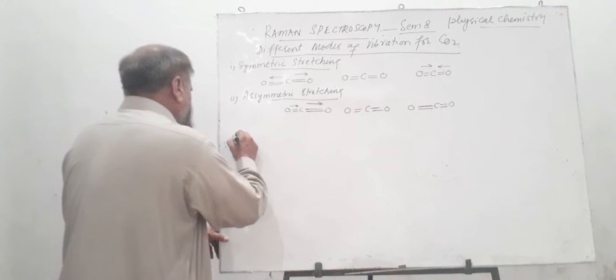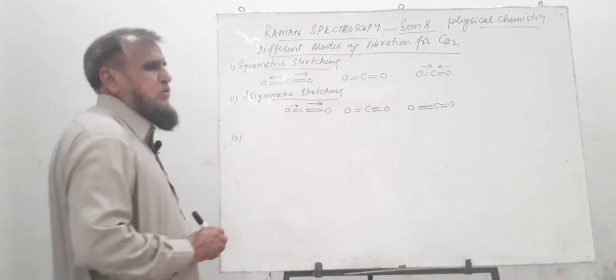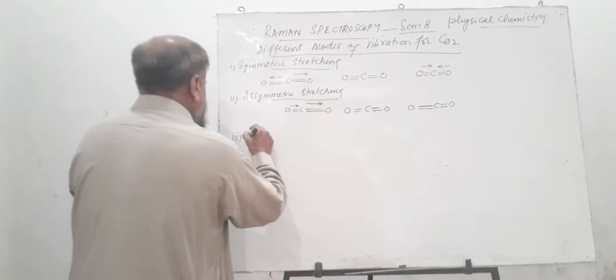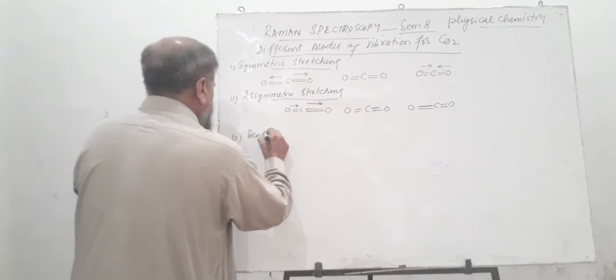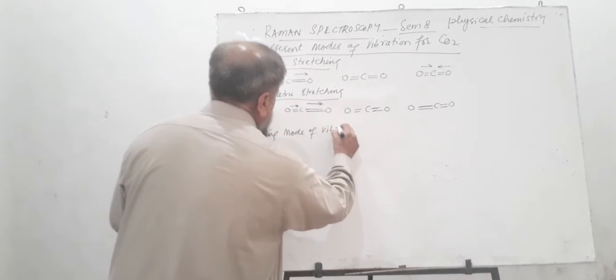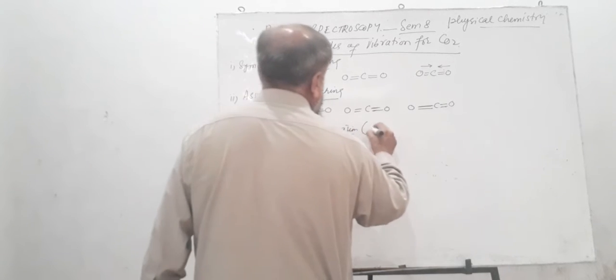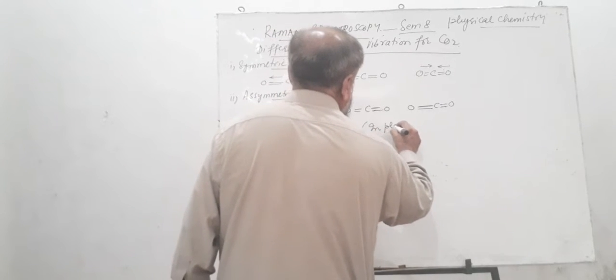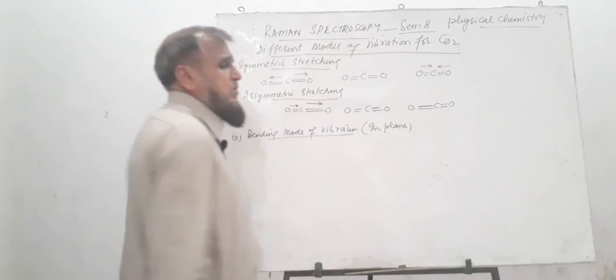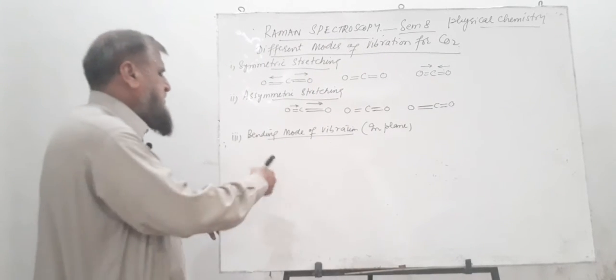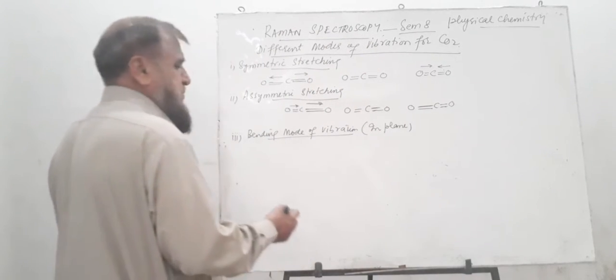Now there are 2 bending modes of vibration. Third one is bending mode of vibration, which is in plane vibration, in plane of the board, in plane of the paper, or in the plane in which the molecule is present.